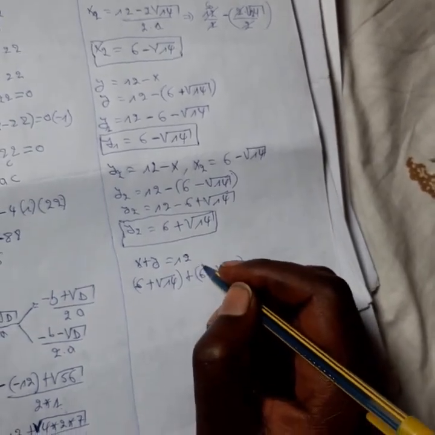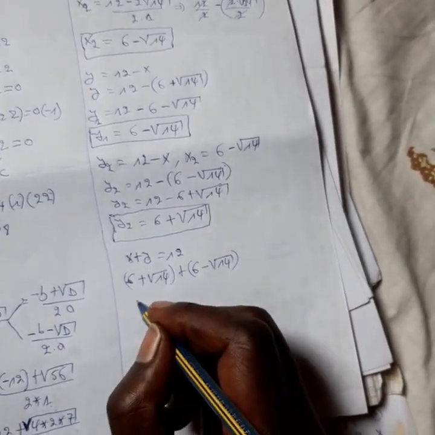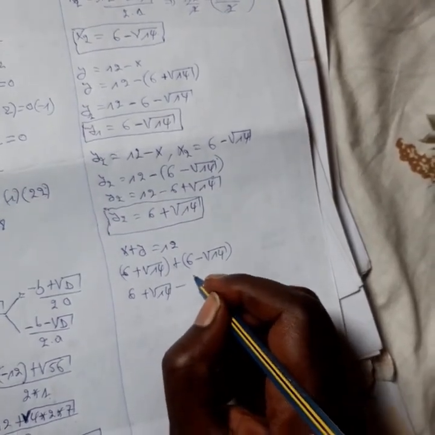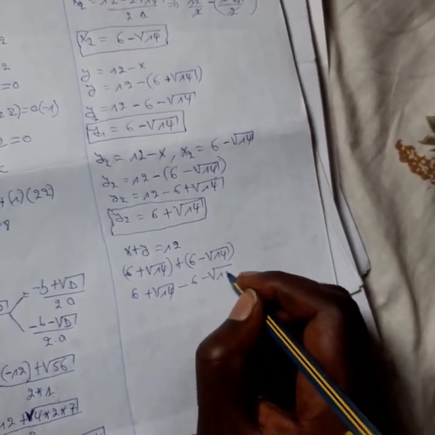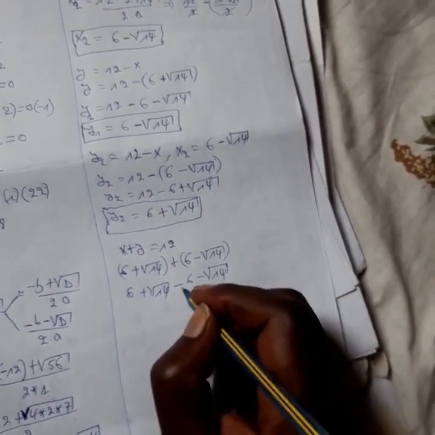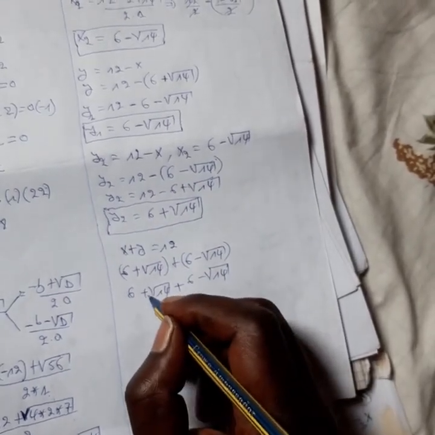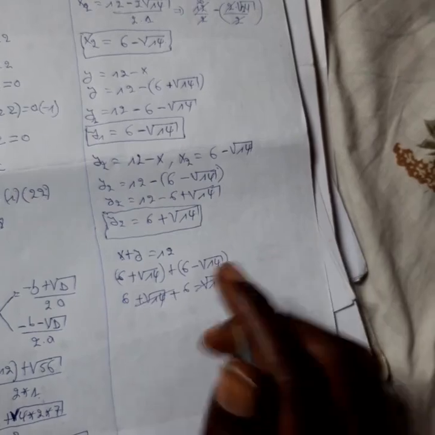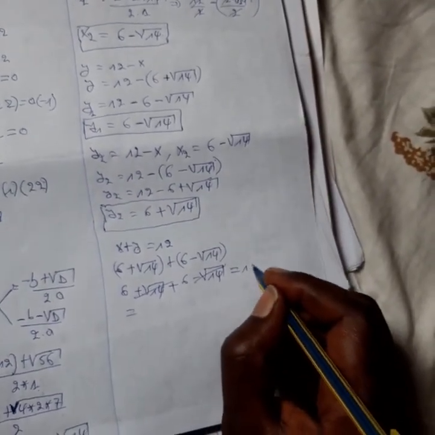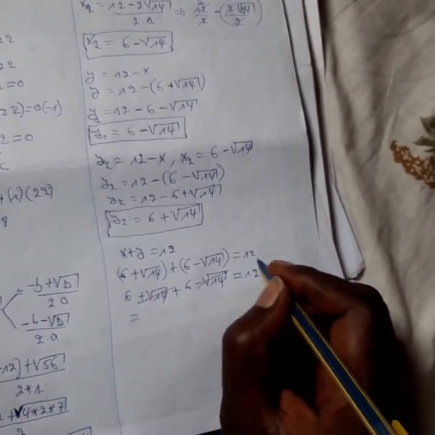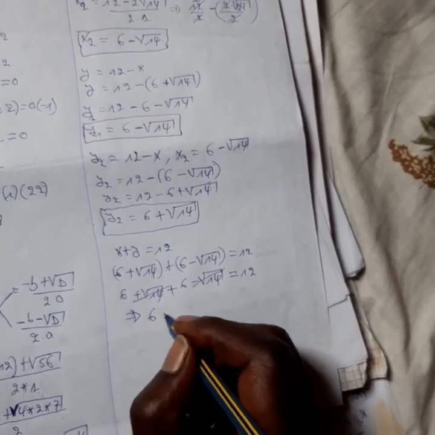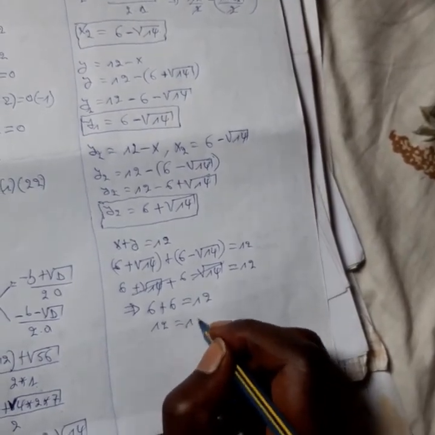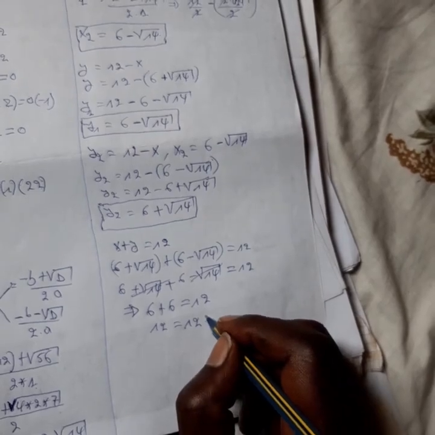So we'll write 6 plus square root of 14 plus 6 minus square root of 14. This has positive and this has negative, so this will cancel this one. Here it's equal to 12, and here we'll get 6 plus 6, which is equal to 12, and 12 is equal to 12. So first it is verified.